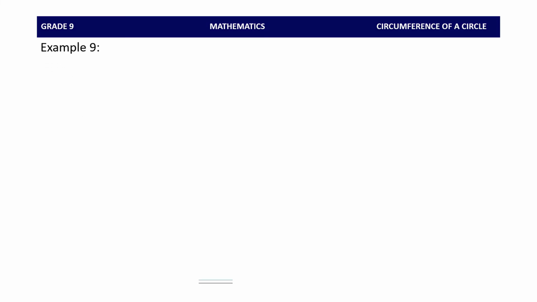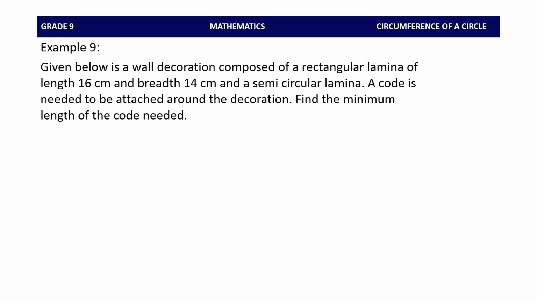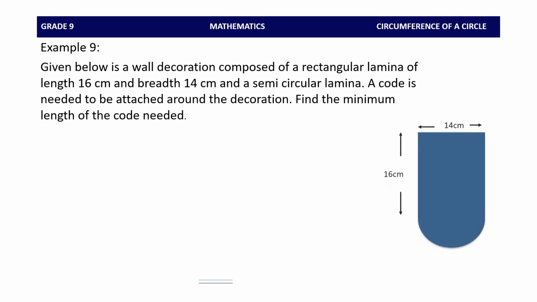Now the next example, example 9. Given below is a wall decoration composed of a rectangular lamina of length 16 centimeters and breadth 14 centimeters and a semicircular lamina.